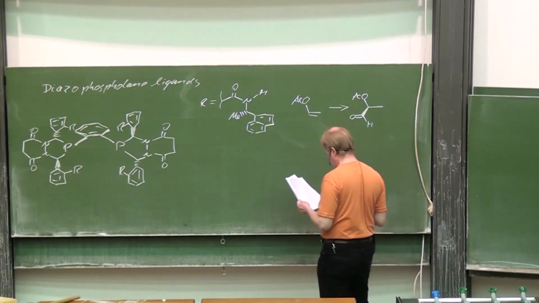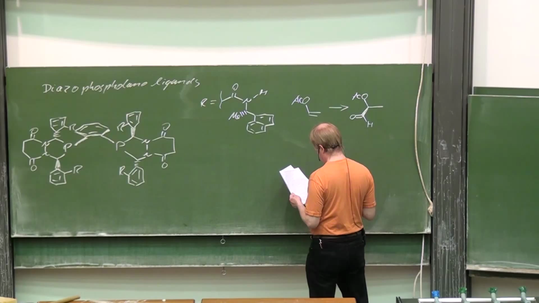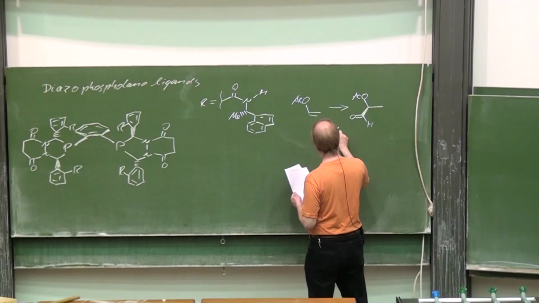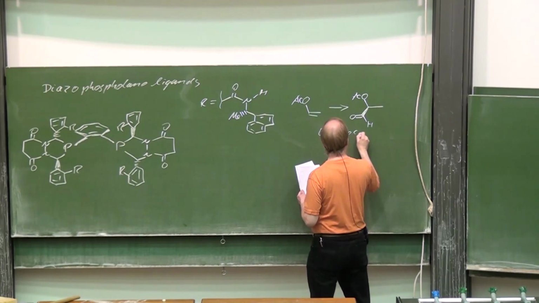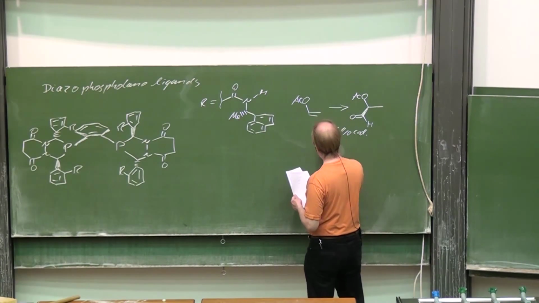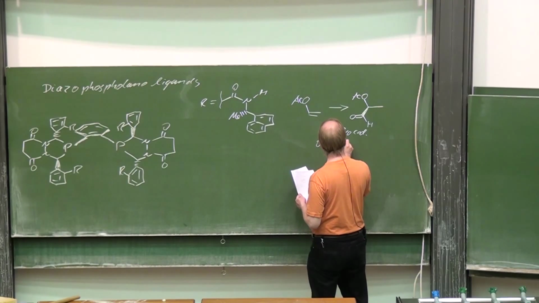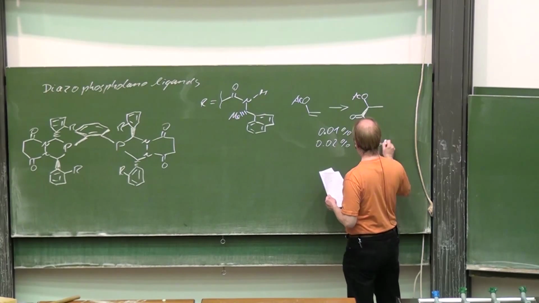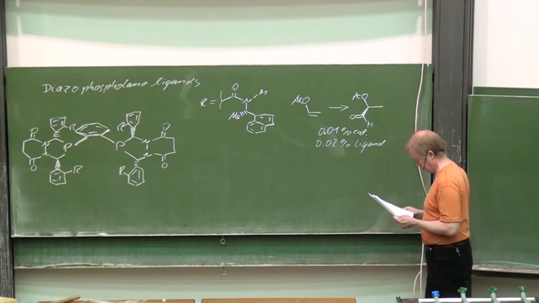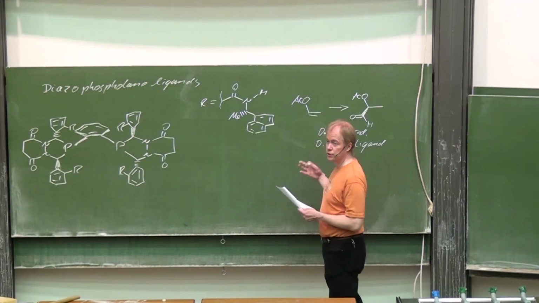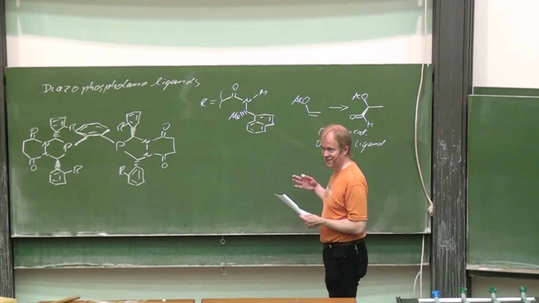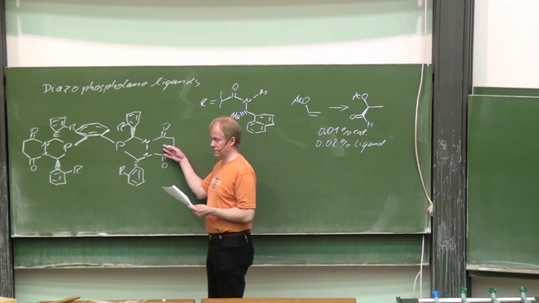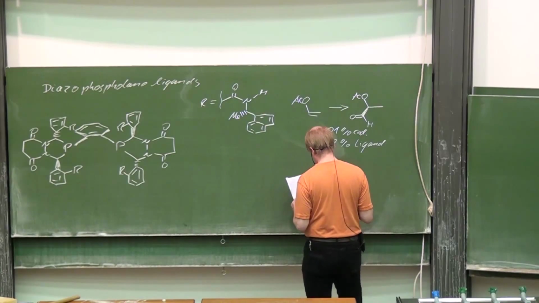So, you need 0.01% catalyst, 0.02% ligand. Hopefully you can recover the catalyst. So rhodium is very expensive, and that ligand, of course, also.